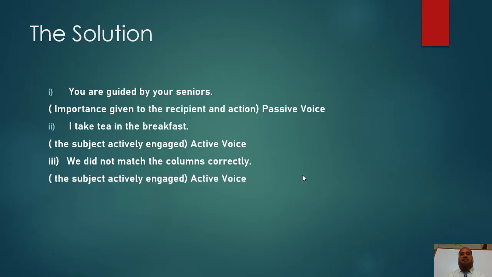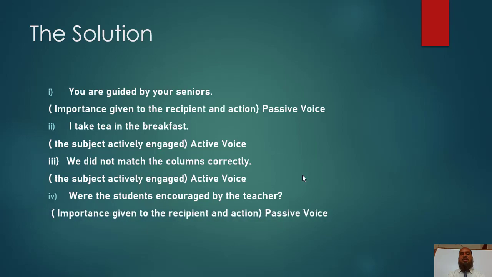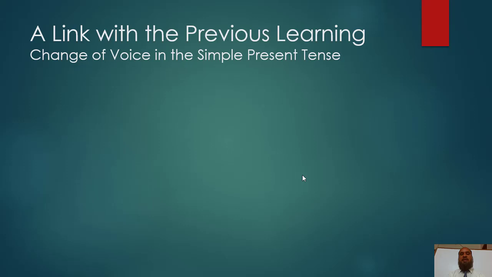In sentence number 3, subject is actively engaged, so sentence number 3, we did not match the columns correctly, is active voice. In sentence number 4, it is obvious that the object or the action is given importance, so it is passive voice.